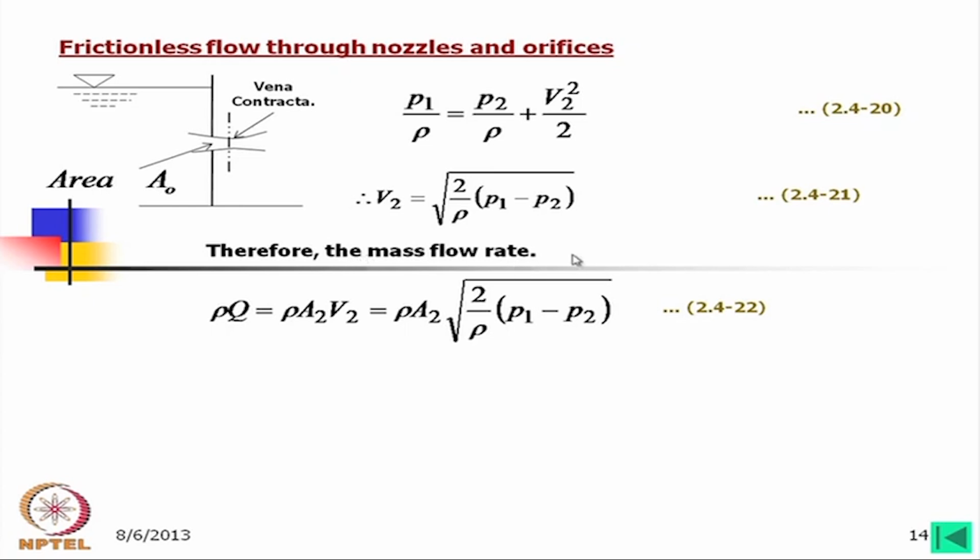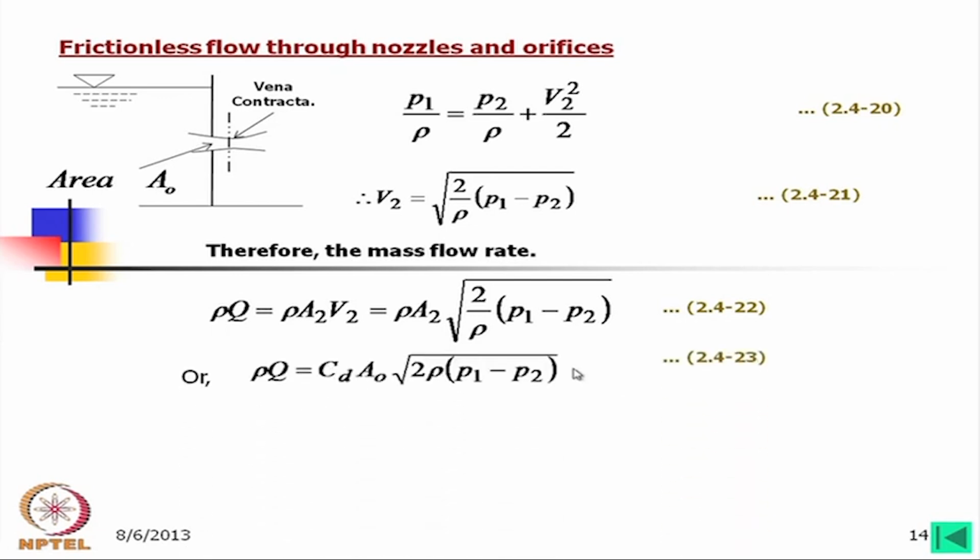Therefore, the mass flow rate can be written as rho into Q, which is equal to rho A2 into V2, because A2 is the area here, which is equal to rho A2 square root of 2 by rho (P1 minus P2). Now, A2 is the area at the vena contracta, which is not known, neither can we measure the area there.